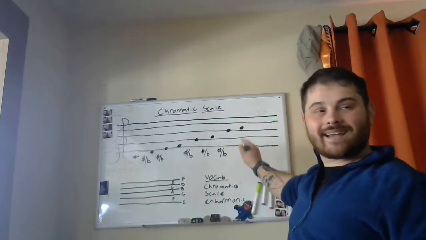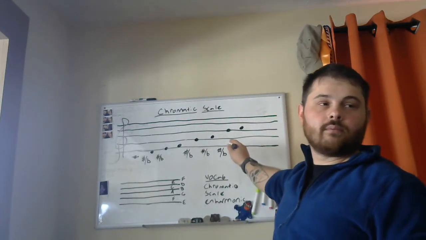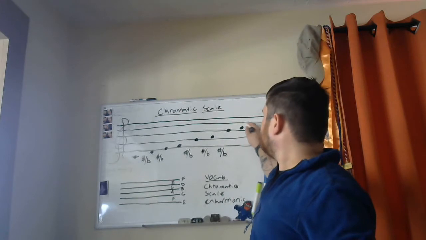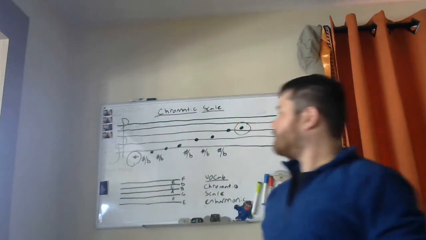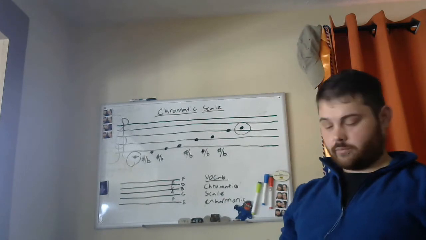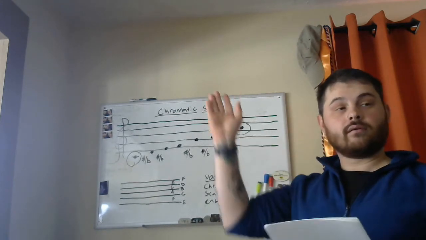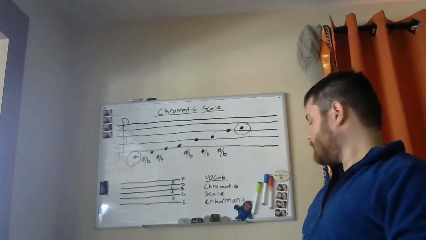Technically I wrote 13, but this C up here and this C down here are the same note. One is just higher in pitch. So let's hear what that sounds like.